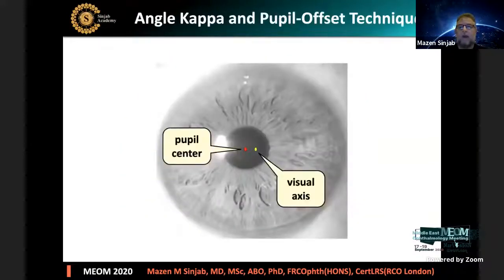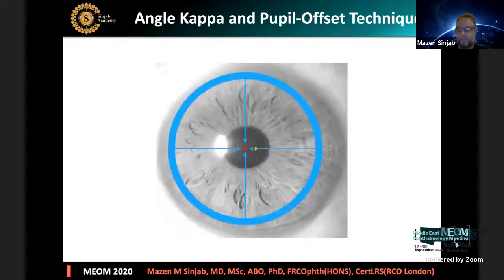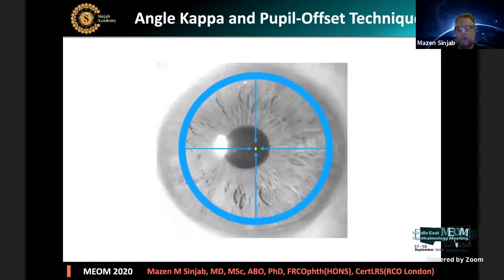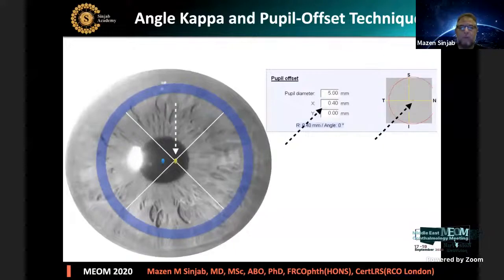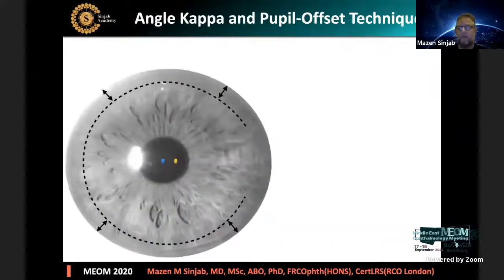In addition, if we are planning for the centration of the laser profile, as I mentioned before, in order to avoid induction of the coma, we are moving or recentering the laser profile, but at the same time we have to recenter the flap creation, because if we want to create the flap, usually we apply the section, whether it is by the microkeratome or by the femtosecond, symmetrically according to the limbus.